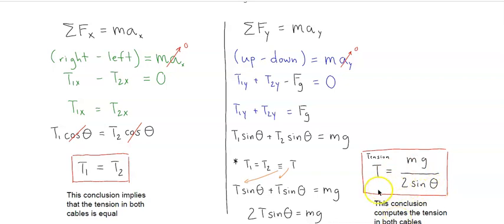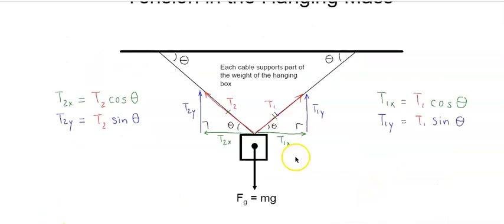Let's just take a look one more time at the picture. And as I mentioned before, the T1x and T2x, which are green, have canceled each other out, so they're equal and opposite. And in a similar way, the blue vectors T1y and T2y add up and cancel against the downward vector. There is no acceleration in the vertical direction.